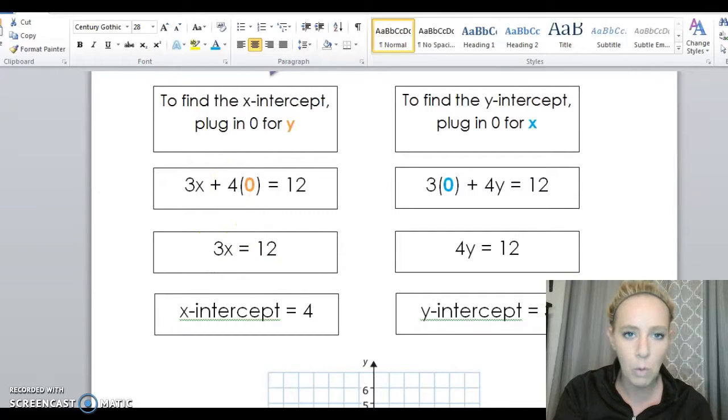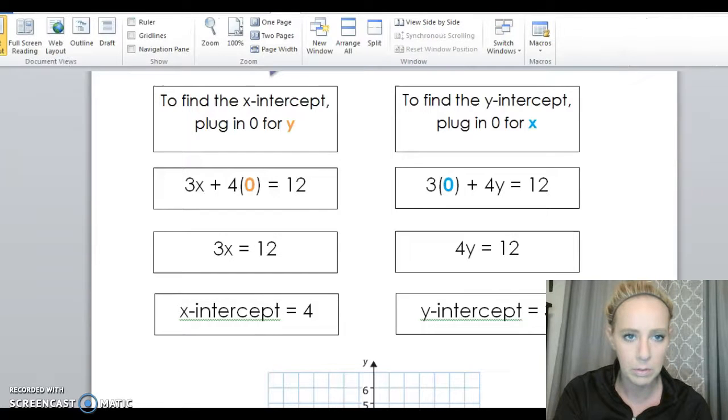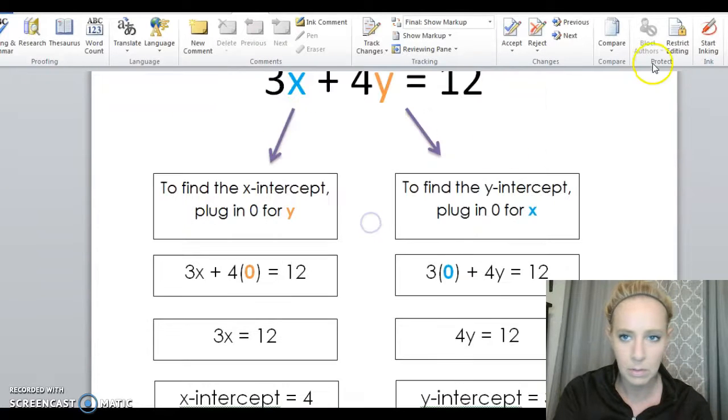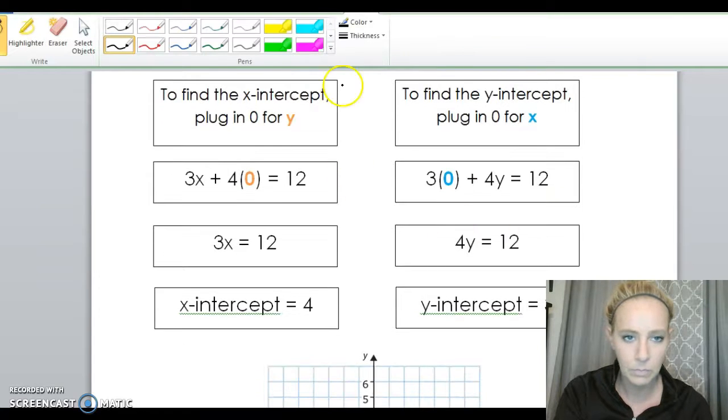Because 4 times 0, or any number times 0, is just 0, so I took it away from our equation. So now we're left with 3x equals 12.